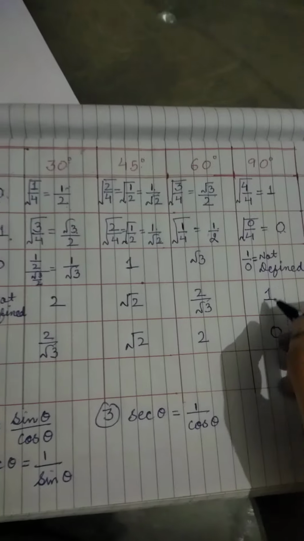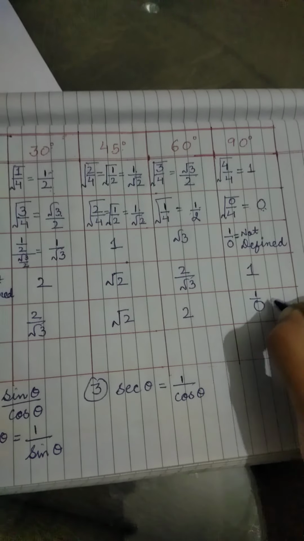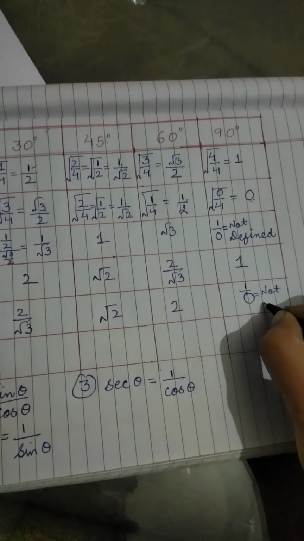Sorry, reciprocal of 0 means 1 divided by 0, that is equal to not defined.